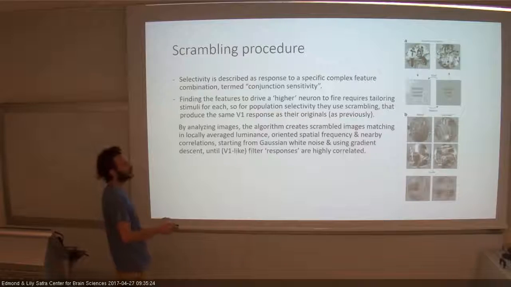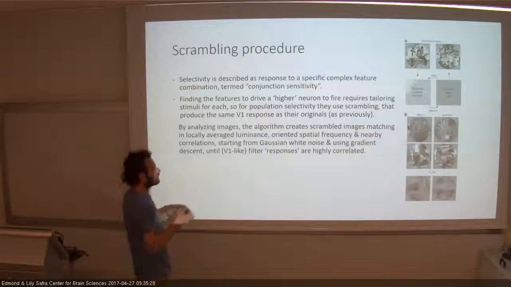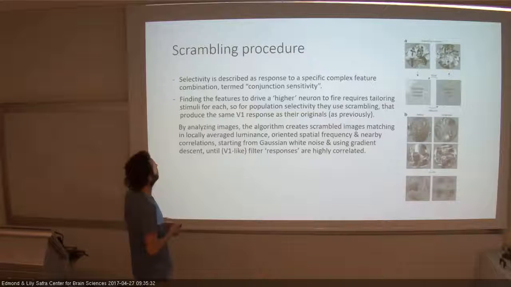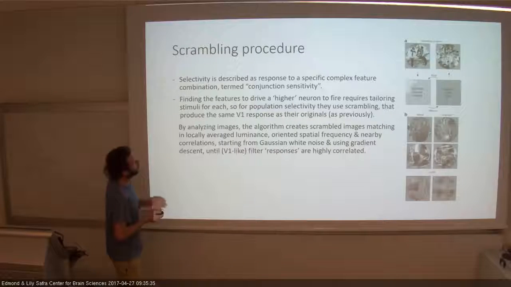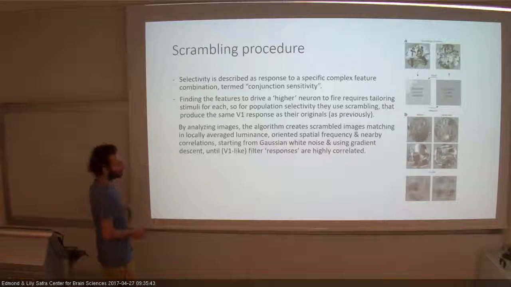They did a similar scrambling to the former article using the same mechanism, only with slightly different emphasis. But they want to see the responses for specific feature combinations, what they call conjunction sensitivity.